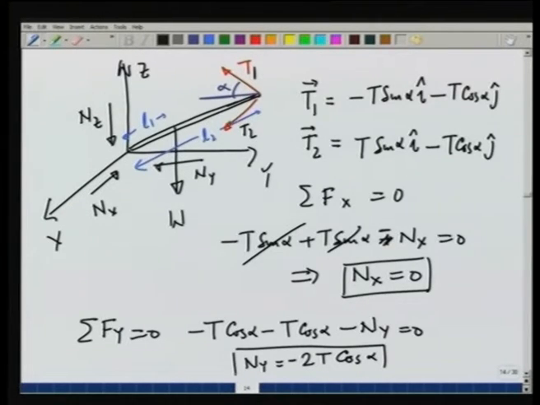So, n_y has a magnitude of 2T cosine alpha, and the negative sign in front indicates that it is in the direction opposite to what has been shown in the figure here, going towards the origin. So, n_y is actually 2T cosine alpha j.